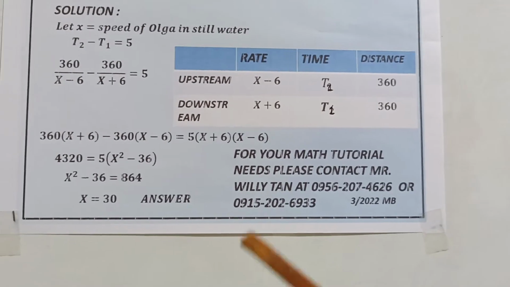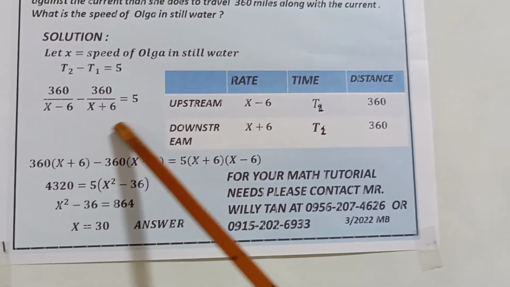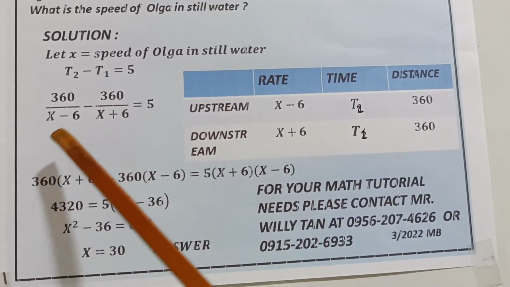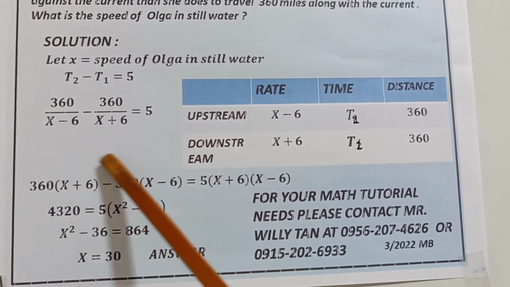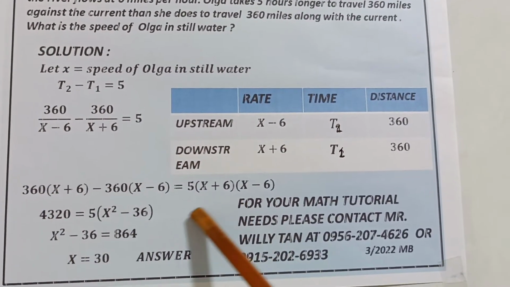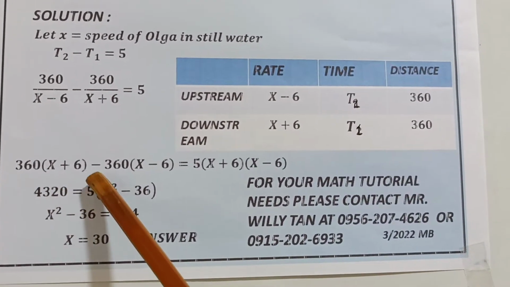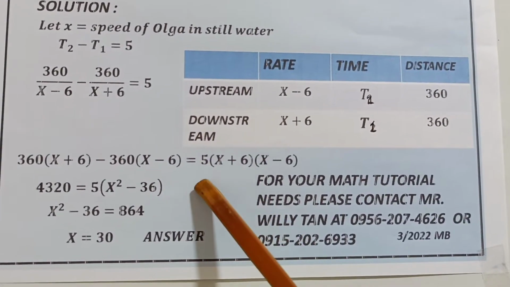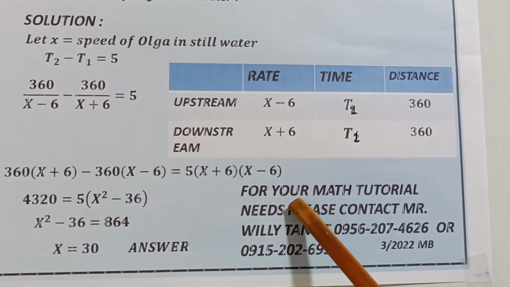If we are going to solve this equation here, we're going to multiply the whole equation by the LCD, which is x minus 6 times x plus 6. Doing that, we have this equation here, 360 times the quantity x plus 6 minus 360 times the quantity x minus 6, that is equal to 5 times the LCD, which is x plus 6 times the quantity x minus 6.